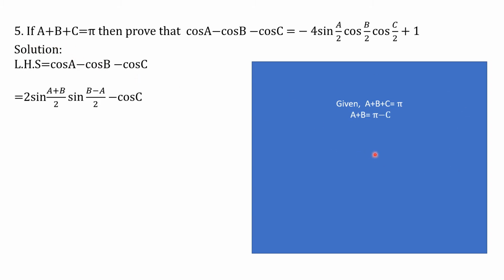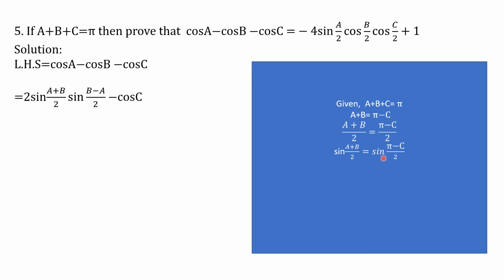So we can write this as A plus B is equal to pi minus C, and then we'll divide both the sides by 2. Why are we dividing by 2? Because you can check here is 2 in denominator of A plus B. So we have divided both the sides by 2, and since here is sin with A plus B by 2, we will operate sin on both the sides.